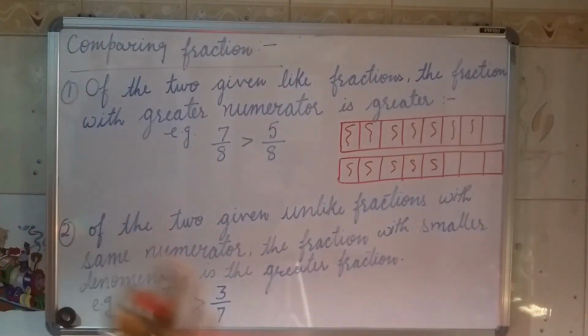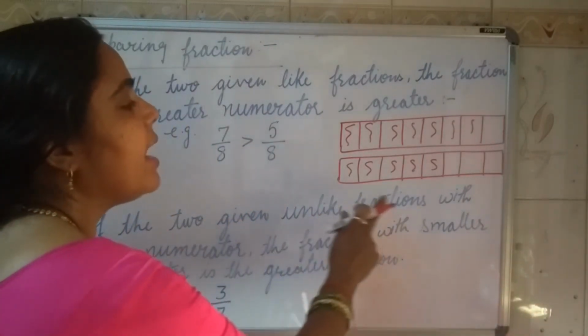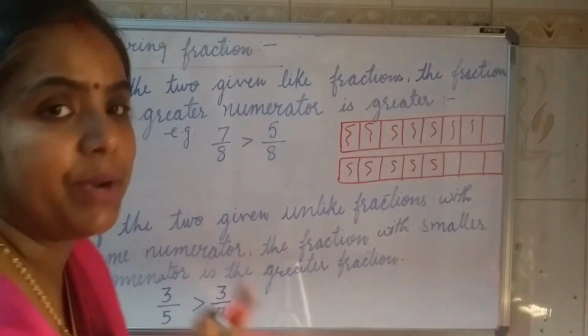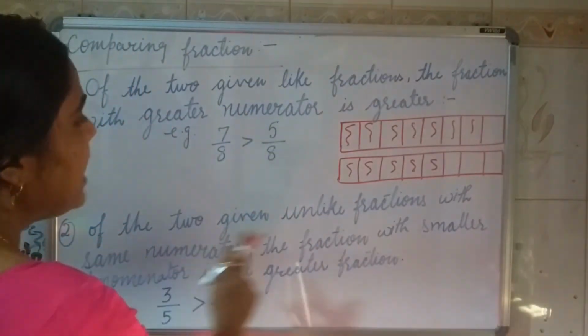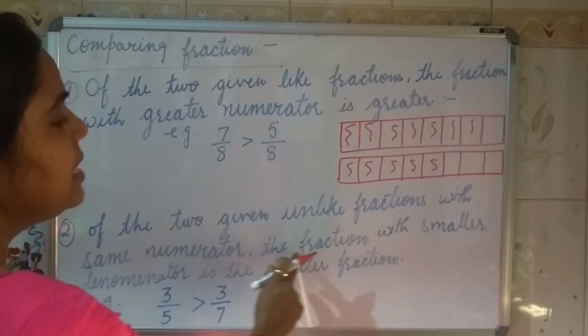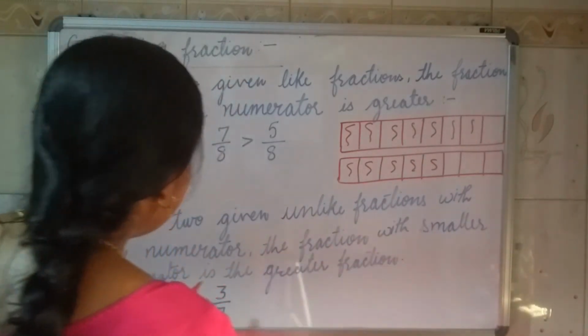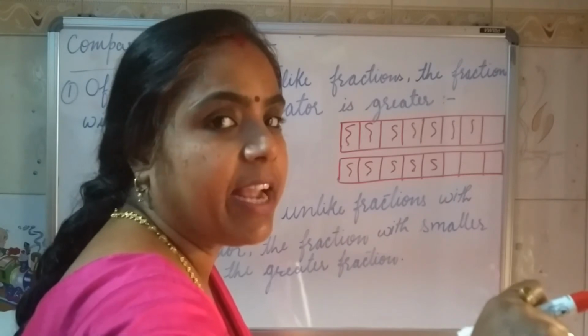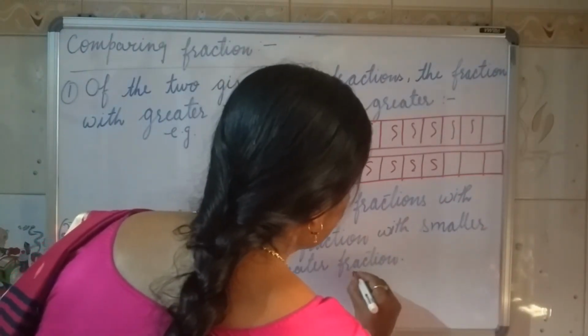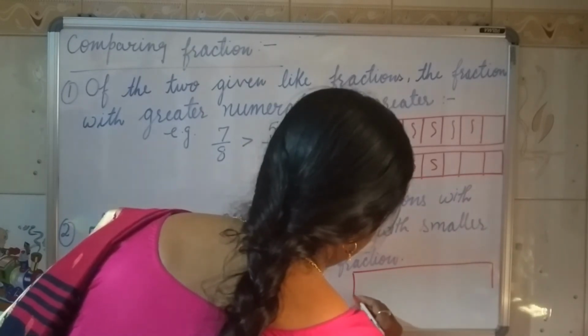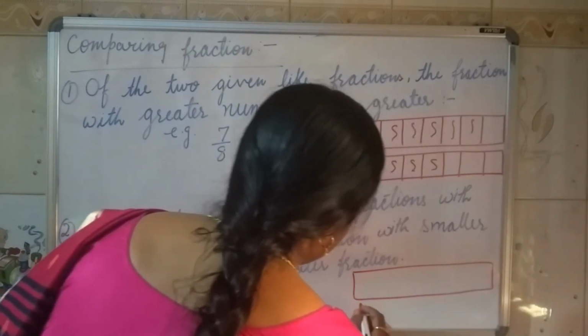Now the second one is of the two given unlike fractions with the same numerator. Unlike fractions, as I explained to you, are of two types. So unlike fractions with the same numerator, the fraction with the smaller denominator is the greater fraction. Okay. So again I am explaining you with the example. I am taking 2 chocolates.